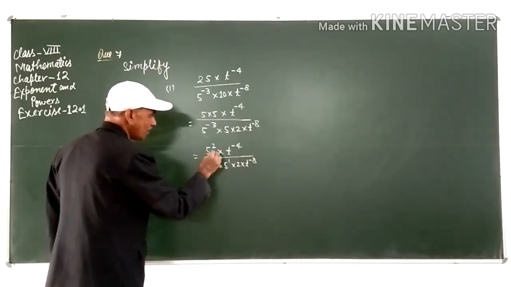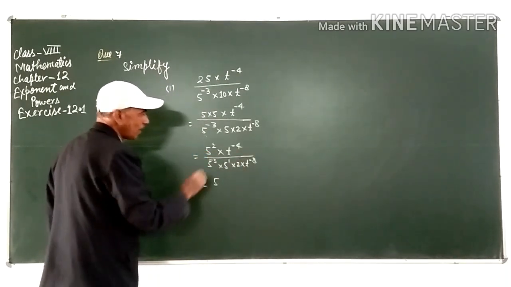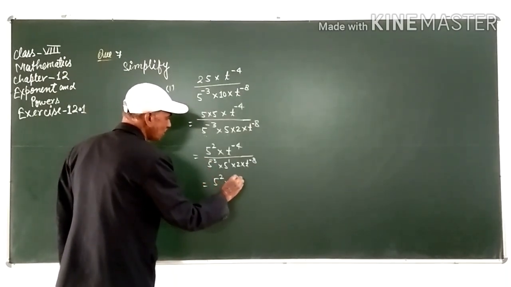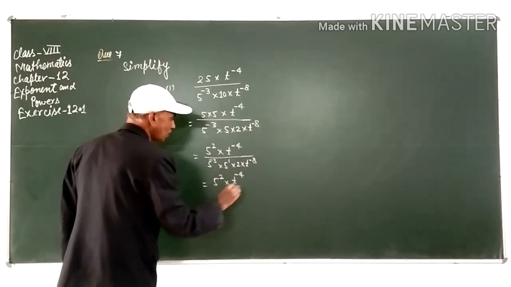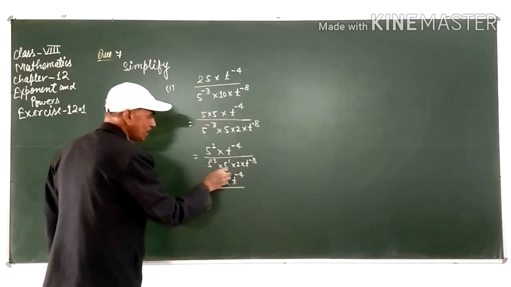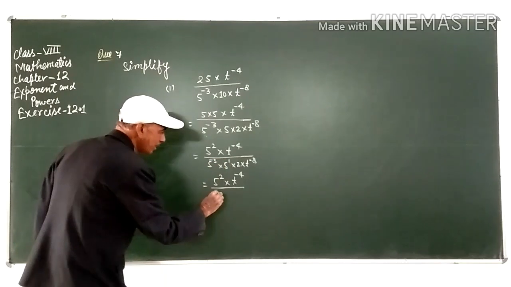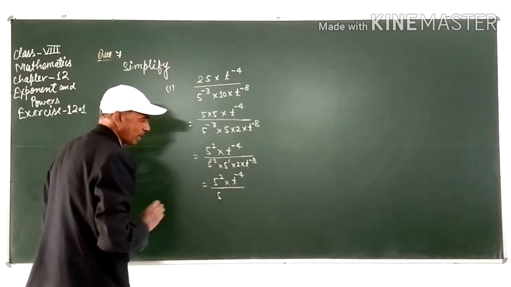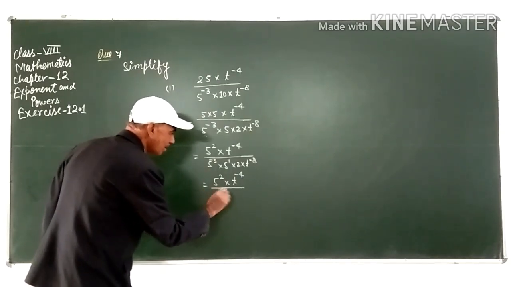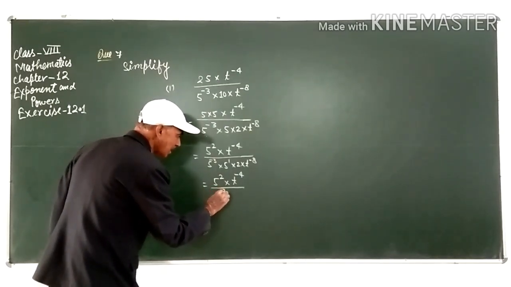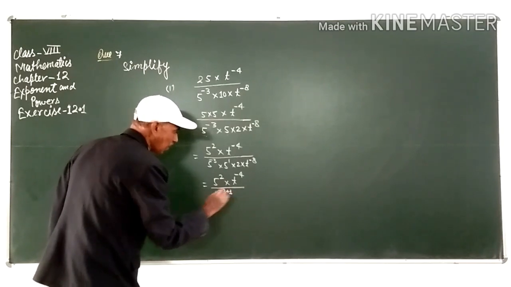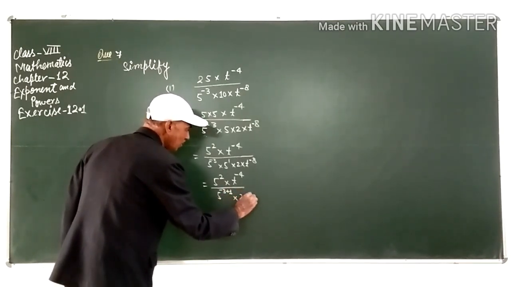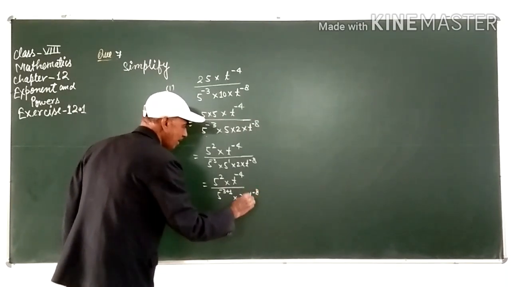In this step we will write 5 to the power 2 into t to the power minus 4, upon this one. Students, exponents will be added. This one will be 5 to the power minus 3 plus 1, that is minus 3 plus 1, into 2, into t to the power minus 8.